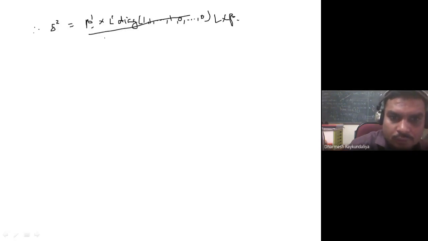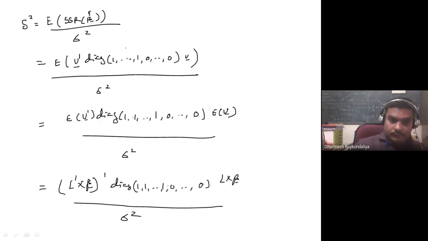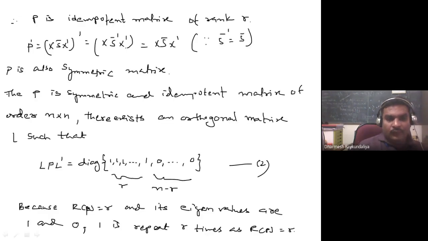Upon sigma square. So what will you write about this L dash diagonal 1 1 1 0 0 L? We know that L P L dash is equal to diagonal. So if we pre-multiply this quantity by L transpose and post-multiply by L, what will you get?